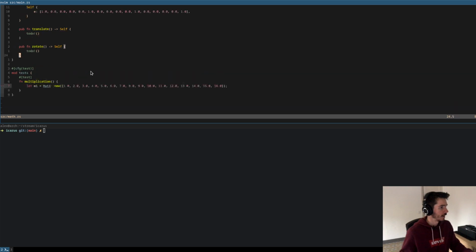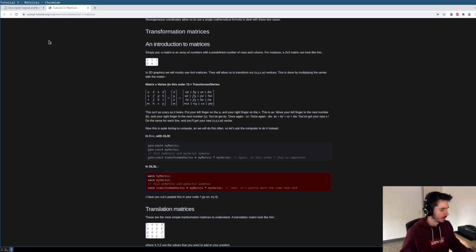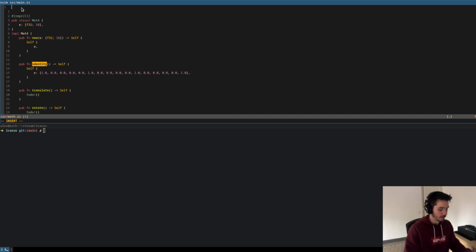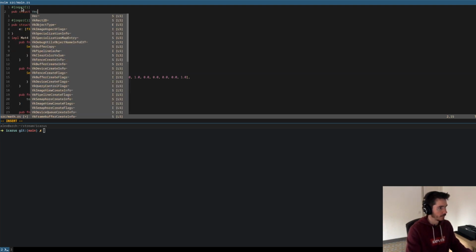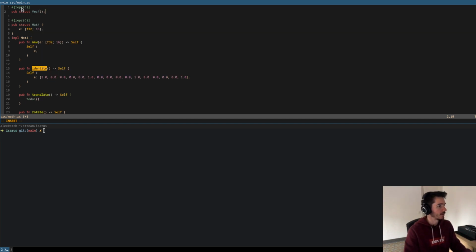Then I want also to have a vector 4 type, right? Or vector 3. Let's start with vector 4 first. And in fact, I think we can use a tuple struct.